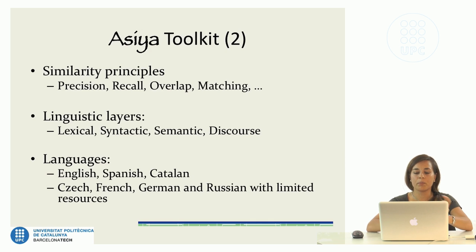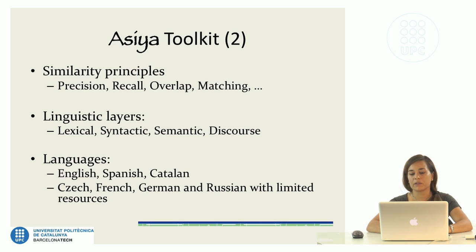And they operate at different linguistic levels, from lexical level to syntactic, semantics, and also discourse level. The only requirement in order to obtain all these measures is the need of linguistic processors for some of them for its possible target language.